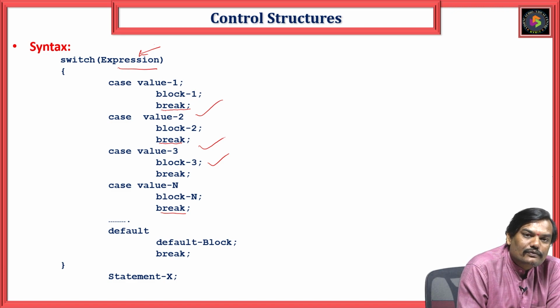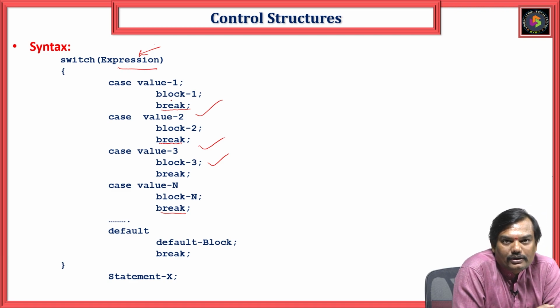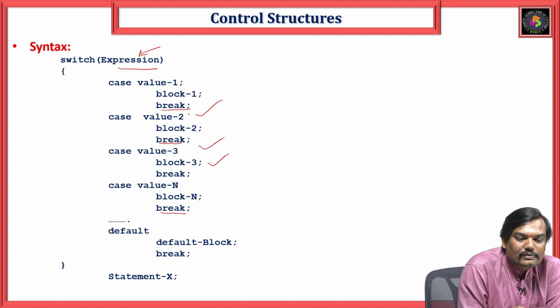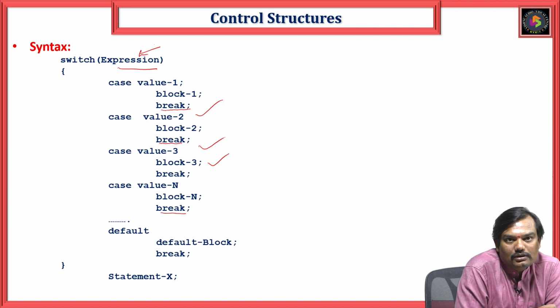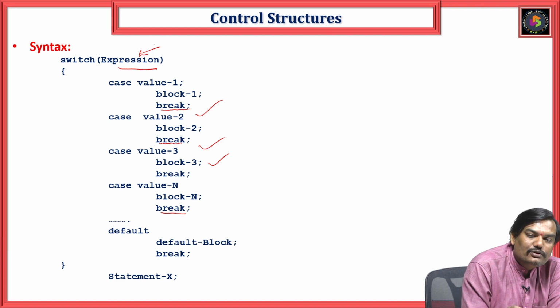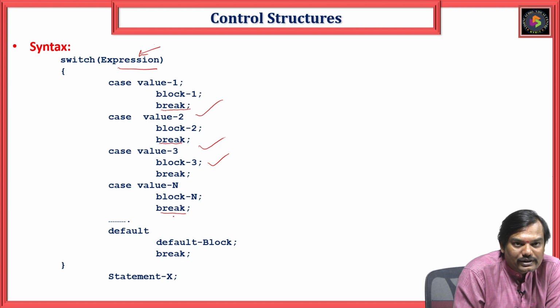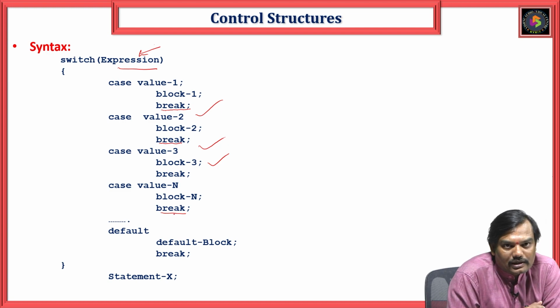In order to exit from the switch, we provide a break statement in each of the cases. When you don't have a break statement in a case, the control will stay in that block. So if you want the control to be transferred out of the switch, we make use of a break statement at the end of each case block. That is the use of the break statement in this syntax.